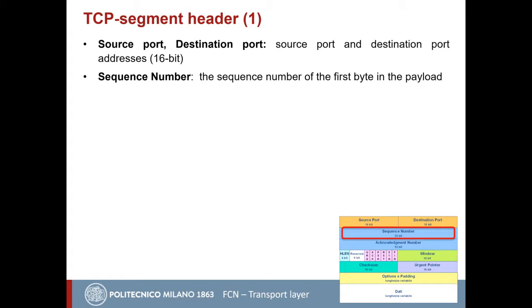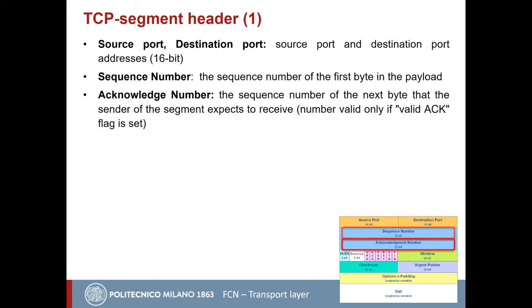So in this case, it means that the first byte in the payload is the number SN in the sequence of all the bytes that are transmitted in that TCP session, from the source to the destination. Okay. And it is 32 bits long.